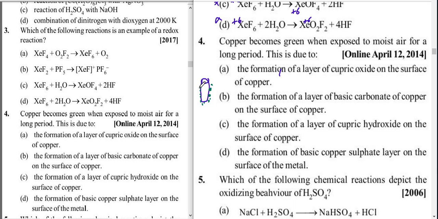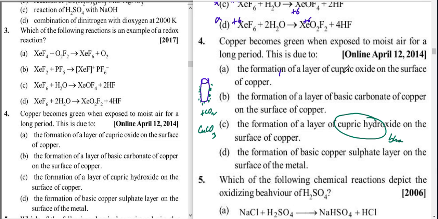Okay, why is it? Because it reacts with carbon dioxide and forms copper carbonate. Formation of a layer of cupric oxide. Of course cupric oxide is also there, but cupric oxide color is just blue only. Basic copper carbonate.